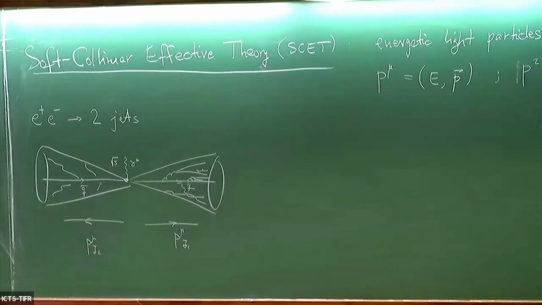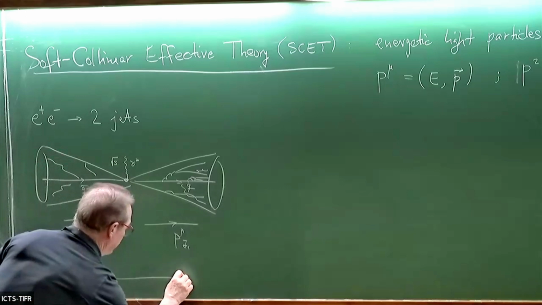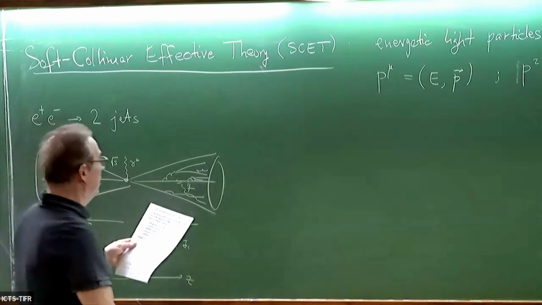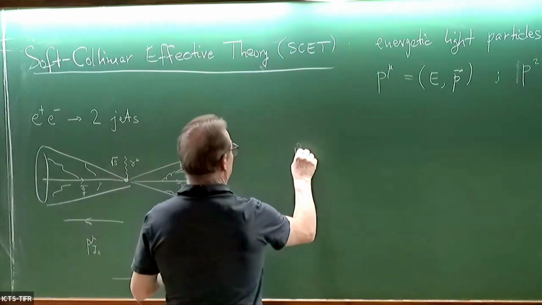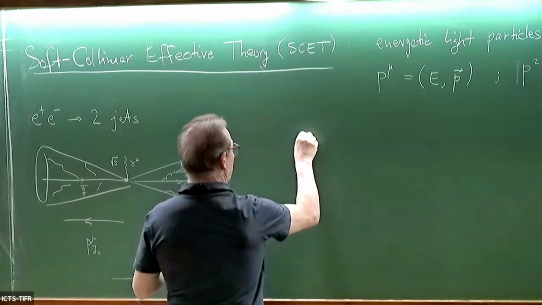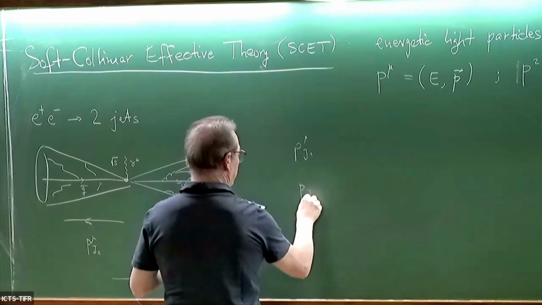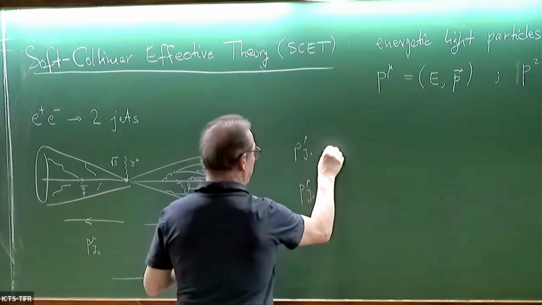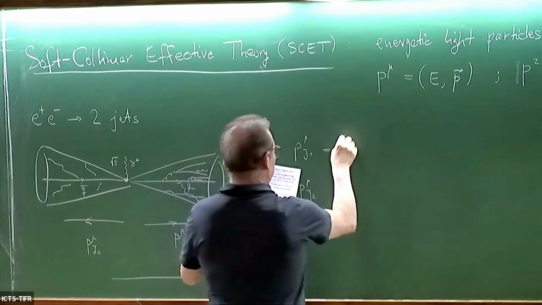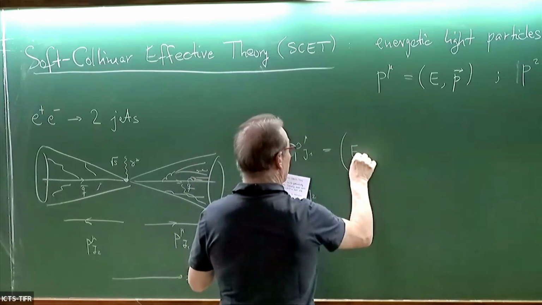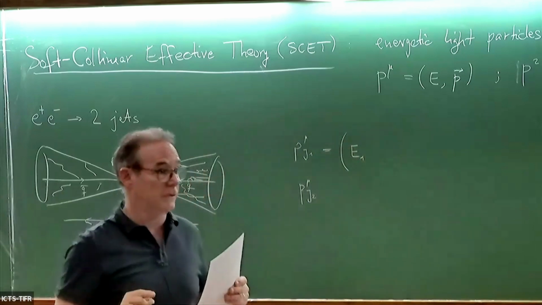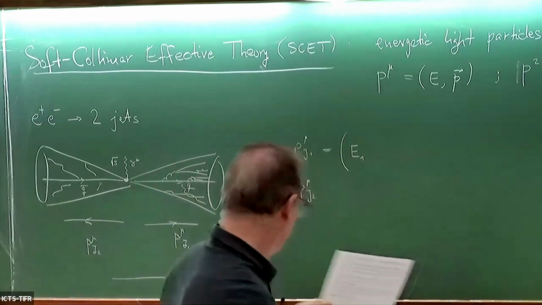Then the four momenta of jet 1 and jet 2 can be written in the following form. I just write them in their components. Of course, this is for the total jet, not for a particle inside the jet. That's the total jet momentum.